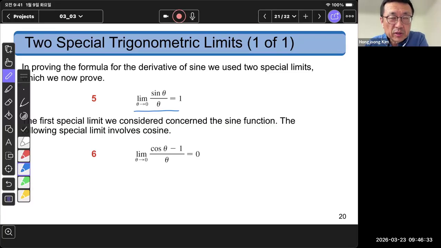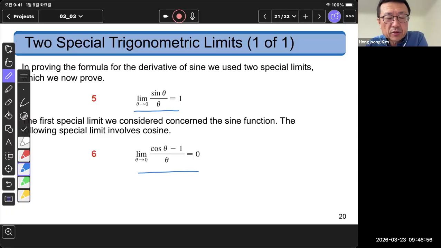Now, we will check these results later. As I said, I'm just postponing the proof of this formula. I will consider the proof of these two, but I'm not going to do that today.